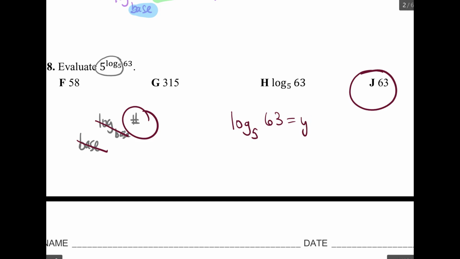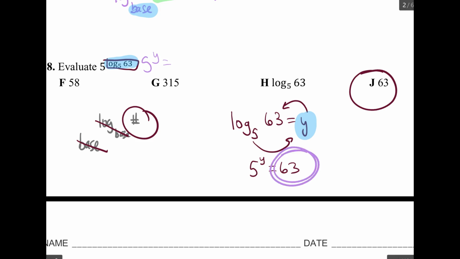First I'm going to take this top part and solve what the exponent will be, and then I'll plug in. If I solve for this, I see 5 to the y equals 63. When I evaluate log base 5 of 63, literally what it equals is this y exponent. So I'm going to replace this whole thing with just y. What is 5 to the y? 63. So when I evaluate it, I get an answer of 63. Okay, so it's a little convoluted.